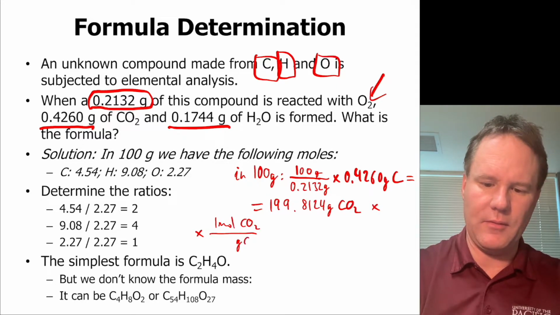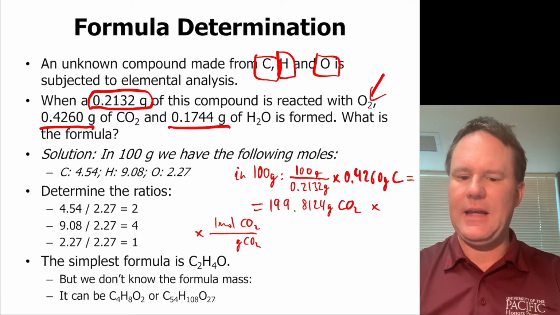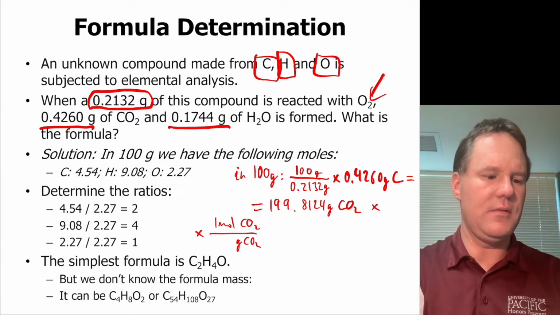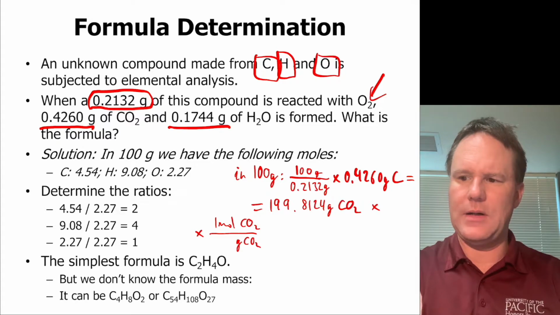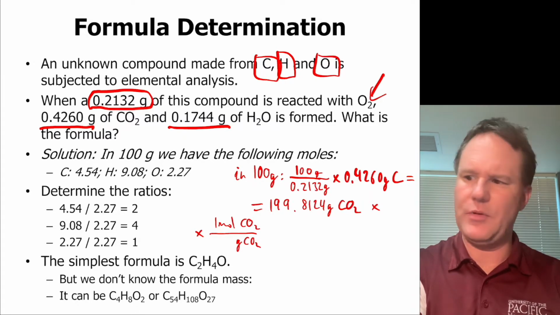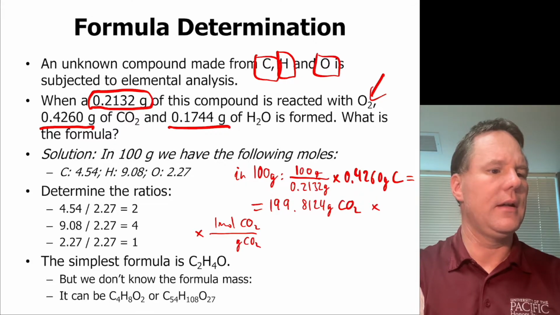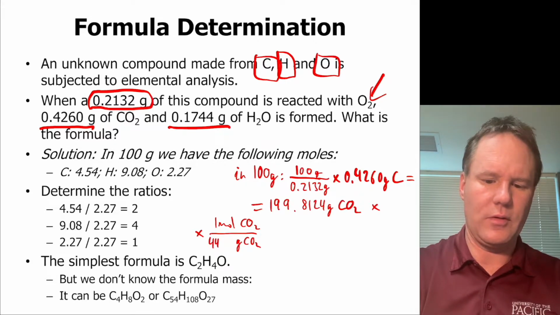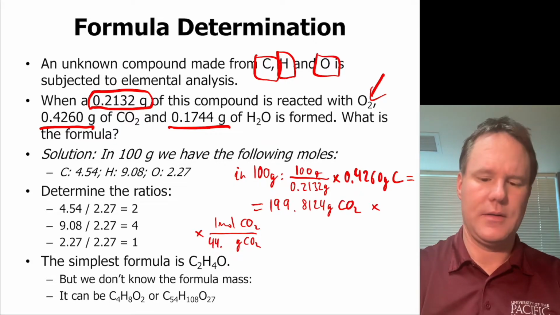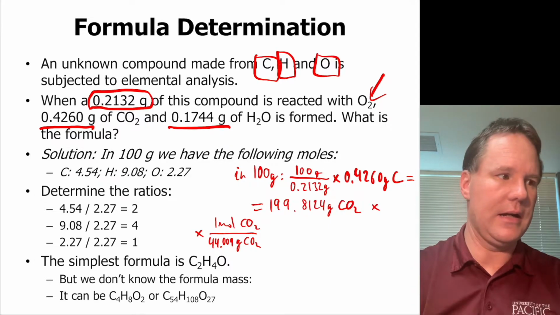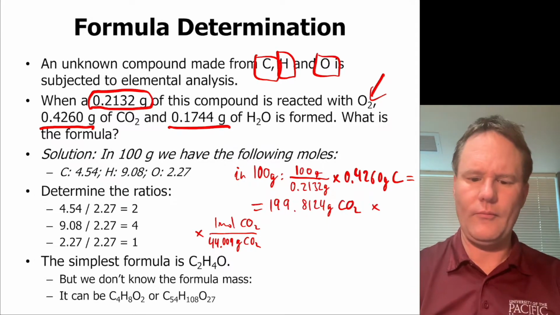Because I'm going from grams of CO2. And then 1 mole of CO2 happens to be 12.0107 plus 15.9994 times 2, right? That will be 44.009 grams of CO2.